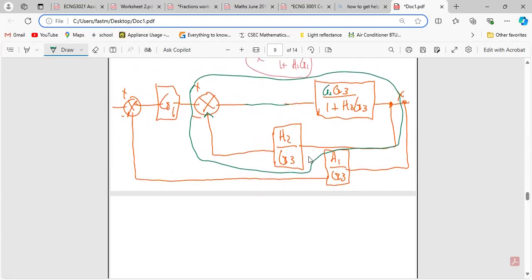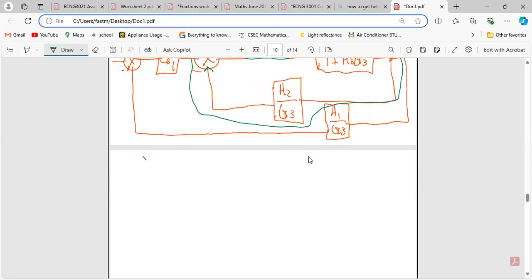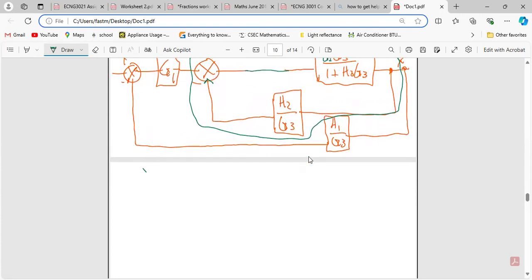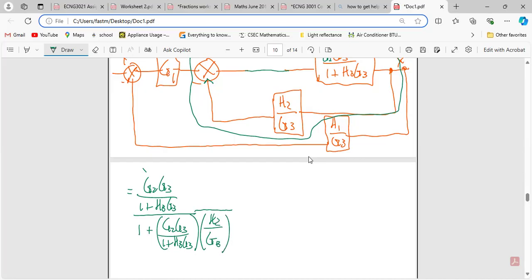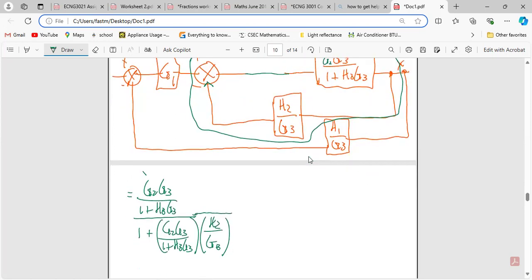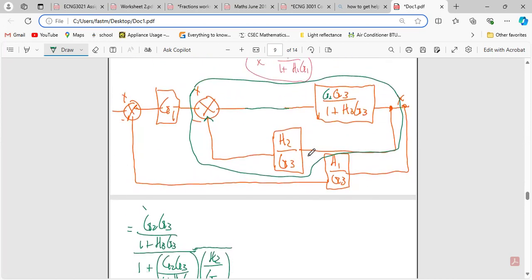And you just do the equation that I was doing before. So that one will end up being G2, G3 over 1 plus H3, G3, all divided by 1 plus G2, G3 over 1 plus H3, G3, multiplied by H2 and G3. All right, so that's that big block in the middle there.